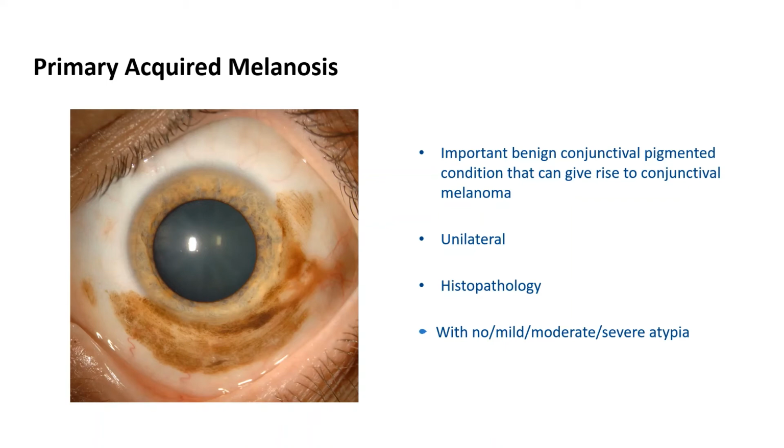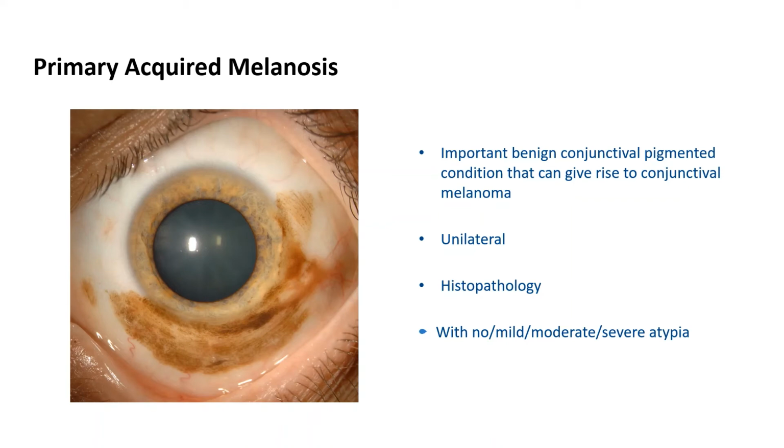It's almost always unilateral in that it affects one eye. I don't understand why that is, but I've never seen it in two eyes at the same time, nor two eyes in one patient.